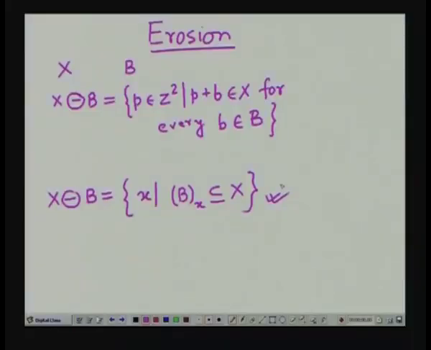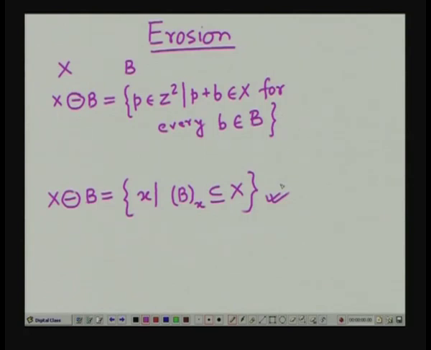So, it is the set of all translations such that the structuring element translated by that vector is a subset of our given image X.